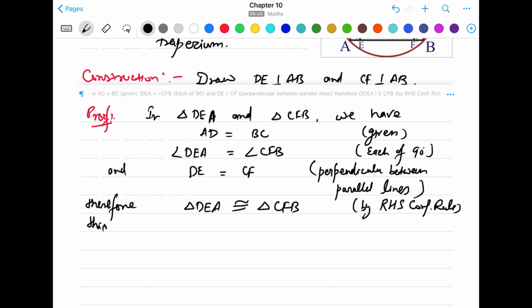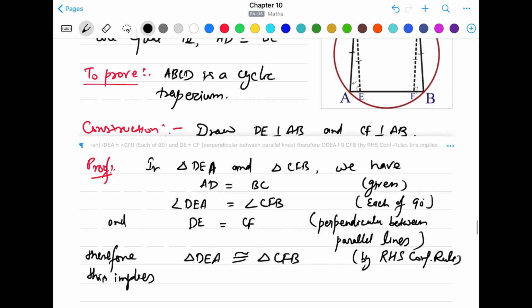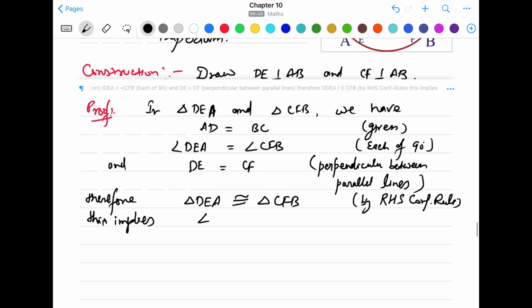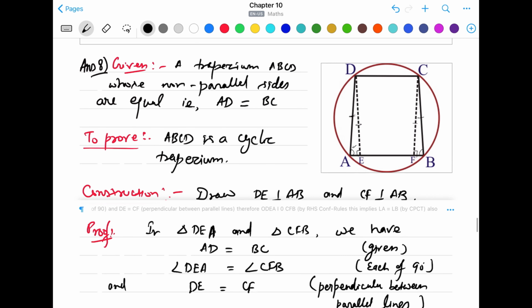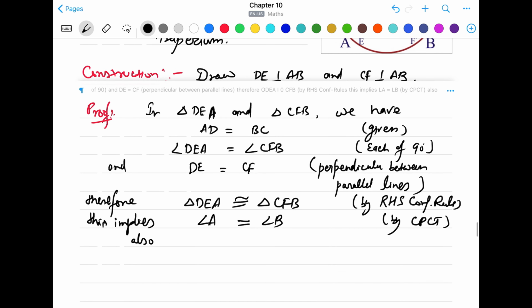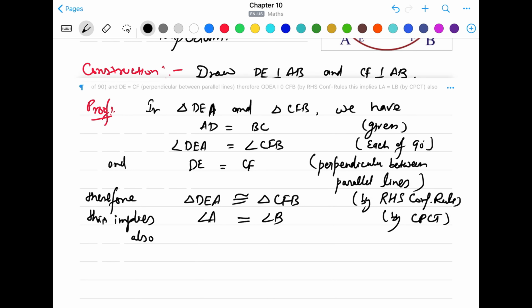This implies that angle A is equal to angle B. This is by CPCT. Also, the other angles, ADE and BCF, are also equal.